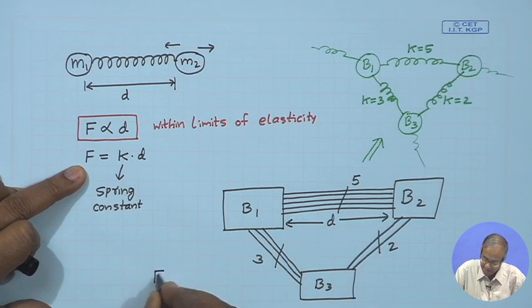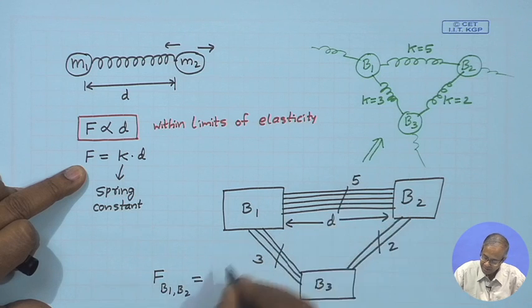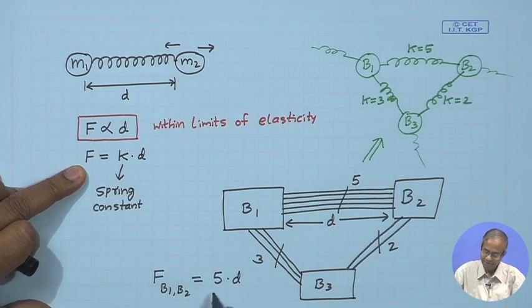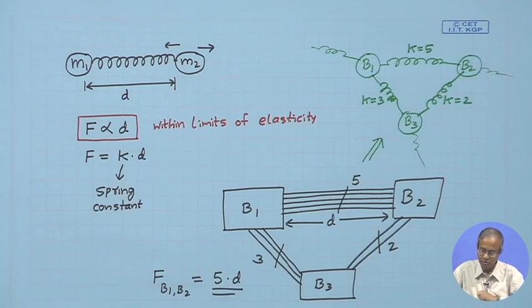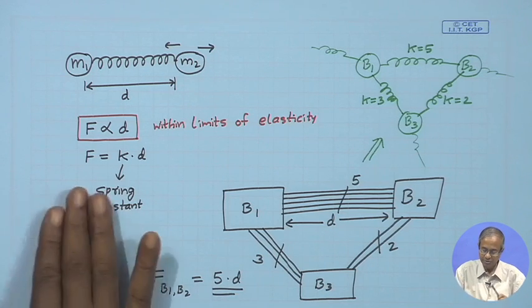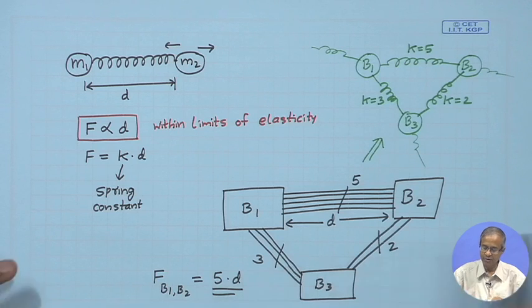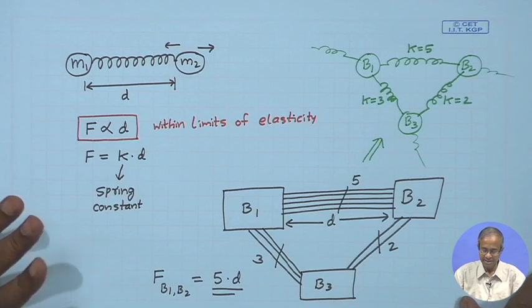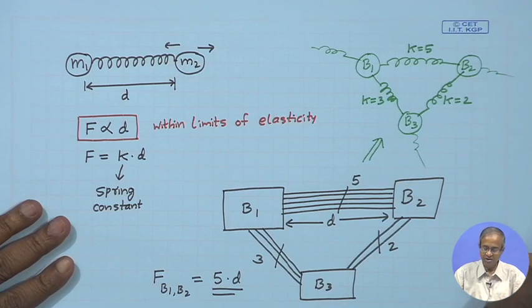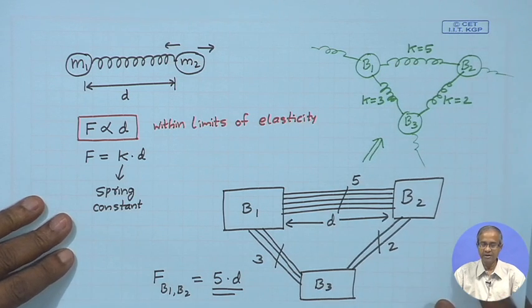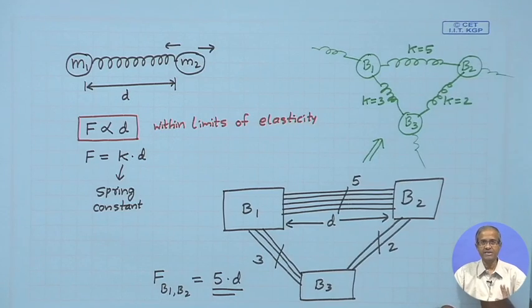So, the attractive force between B1 and B2 will be equal to the number of lines, this is your k, multiplied by the distance, exactly like Hooke's law. So, this kind of similarity or analogy we are drawing, and using this principle we are formulating this particular method for placing the modules.